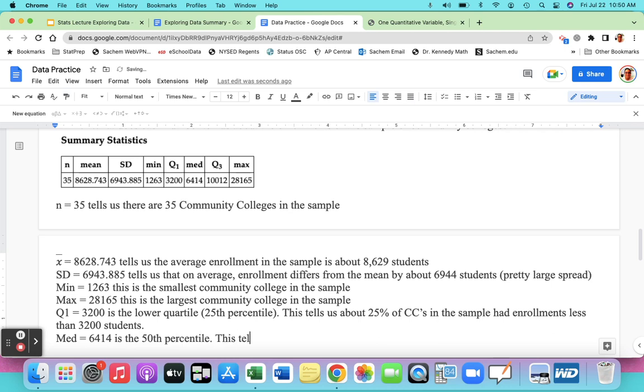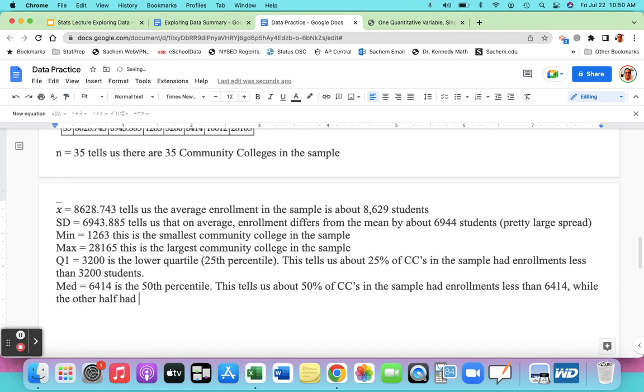Okay, this tells us about half, about 50% of community colleges, CCs, in the sample had enrollments less than 6414, while the other half had more than 6414 students.